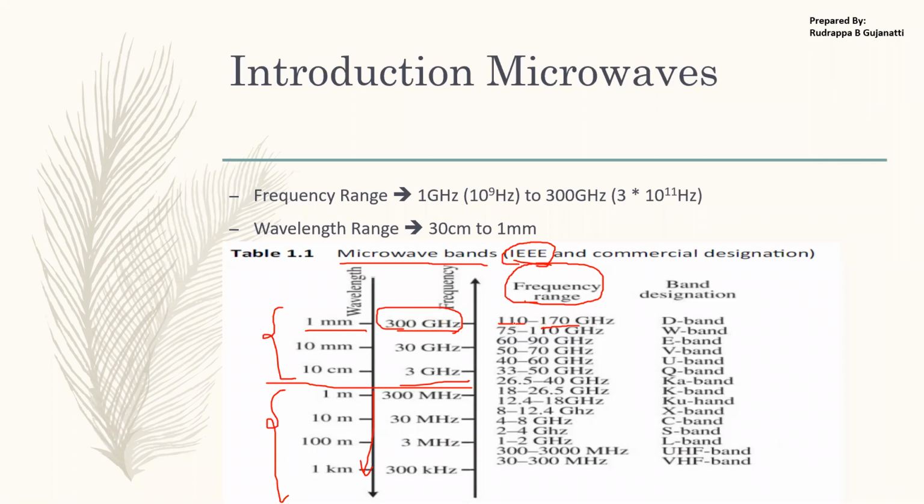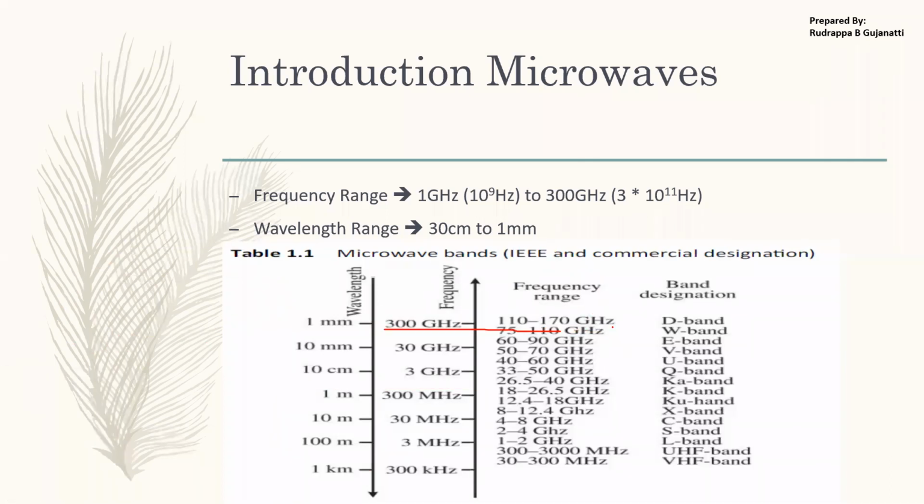That is what you can specify. These are the frequency ranges, and the difference between these two is the bandwidth. So I'll be able to generate microwave frequencies in that range.